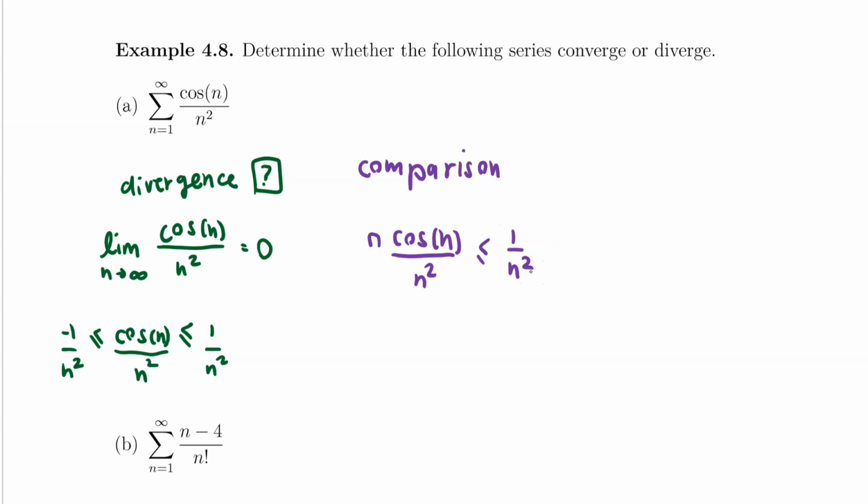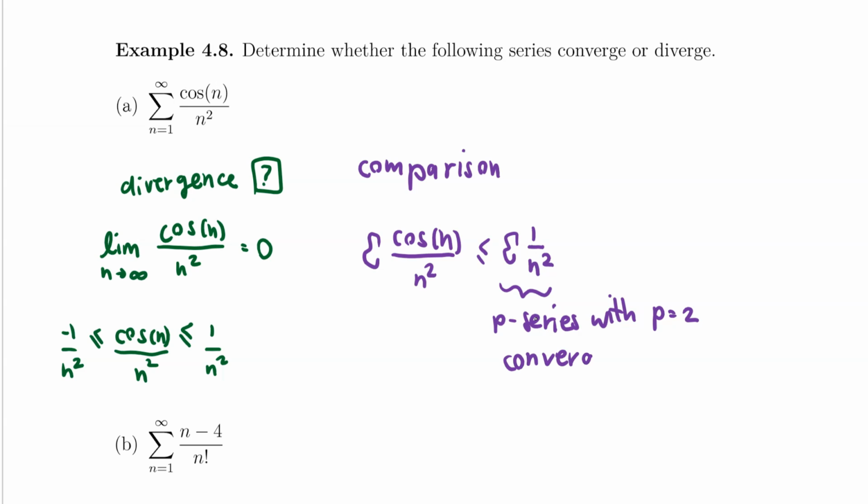So now, this series should be less than or equal to the series 1 over n squared, which is a p-series with p equal to 2, which is going to converge. So it seems like I can use the comparison test and conclude that this converges.